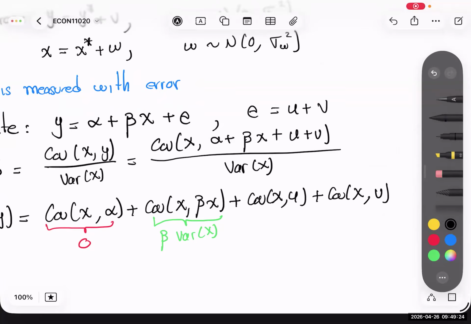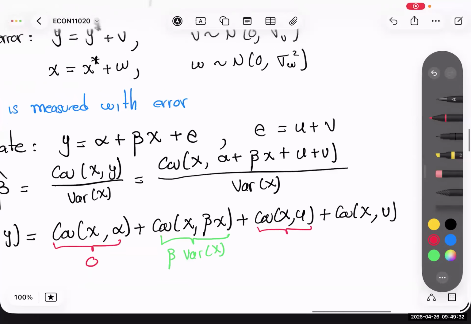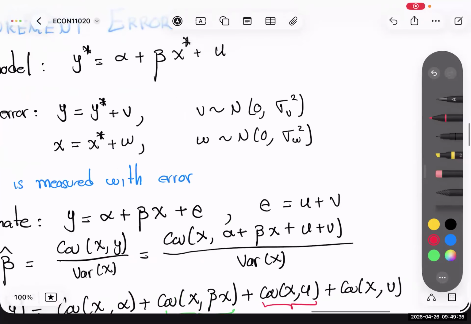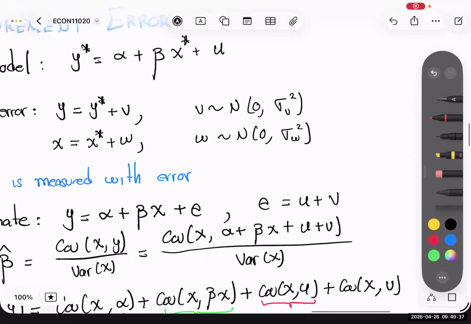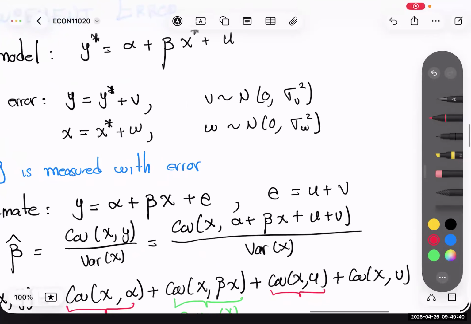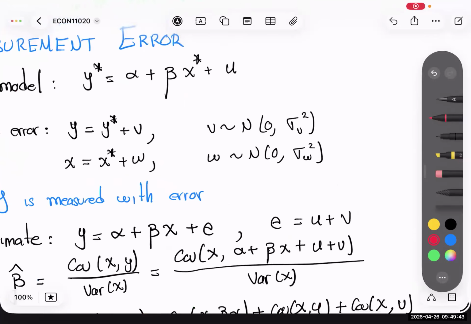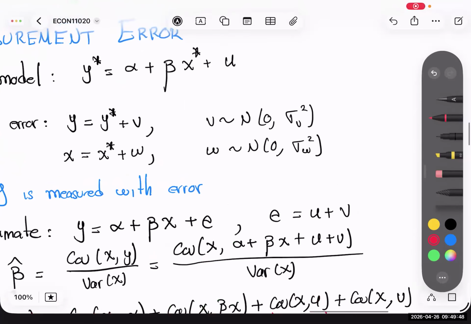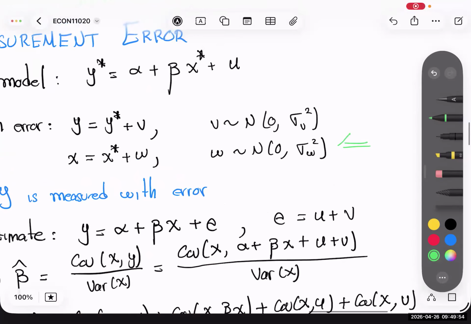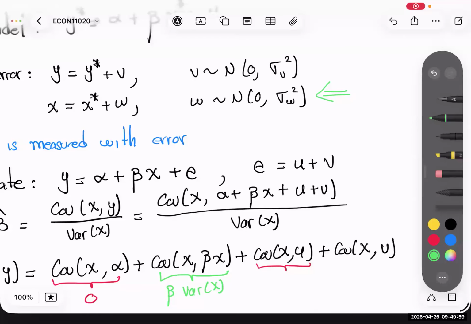Now, what about covariance of x and u? Well, covariance of x and u is also 0. Why? That comes from the true model, in which we knew there was independence. I didn't mention it, but if you look at the definition of x with mistake, we know that the error term associated with x is completely independent.